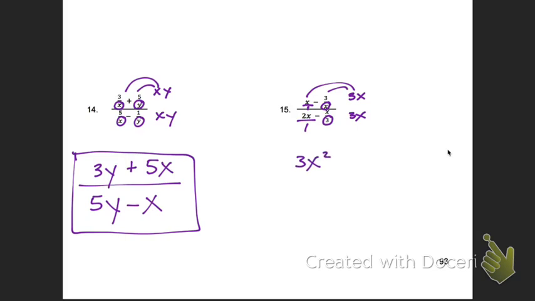Good. Minus 9 over 6x squared. Good. Minus x squared. Good. Okay, I want you to try simplifying that.